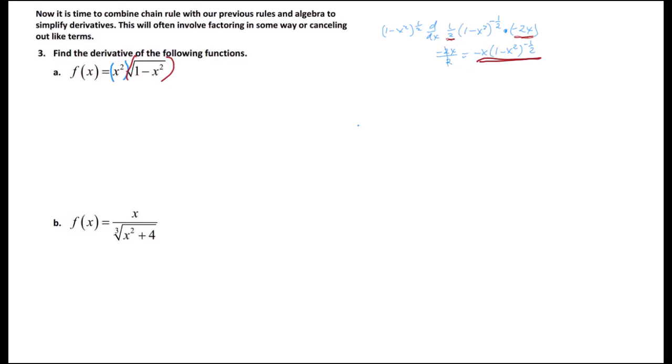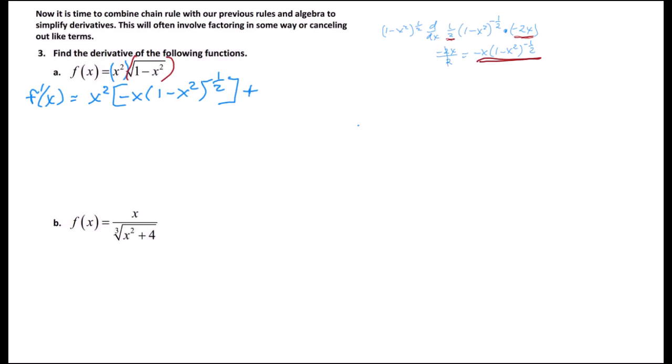So let's use the product rule. So I'm going to say f prime of x equals x squared, our first function, times the derivative of our second function, which we said was minus x times 1 minus x squared to the negative 1/2. Totally nasty looking.